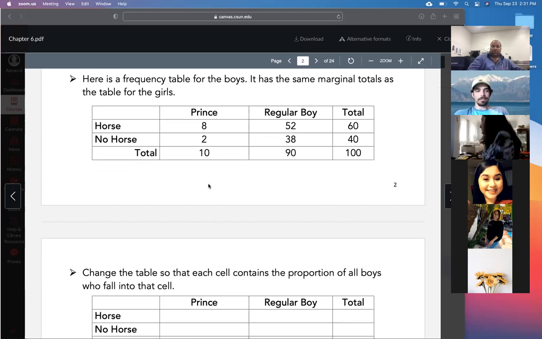Okay, so here is a frequency table for the boys. It has the same marginal totals as the table for the girls, 60, 40, 10, and 90. Those are the exact same numbers as it was for the girls. However, the proportions are not the same.